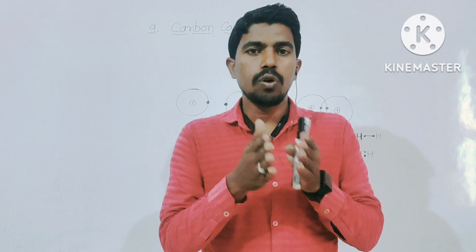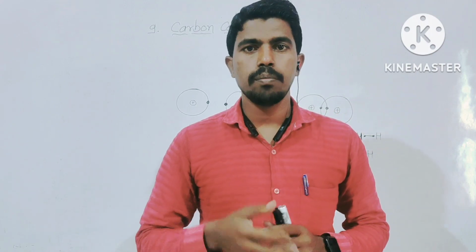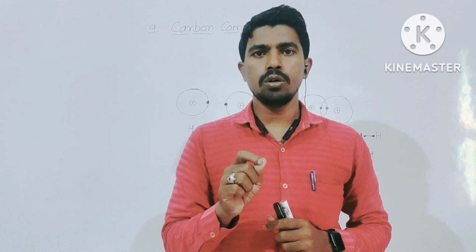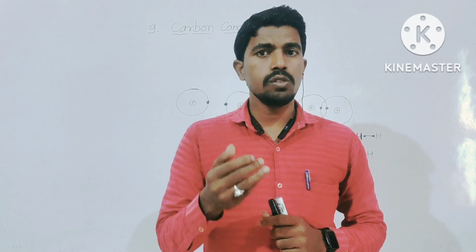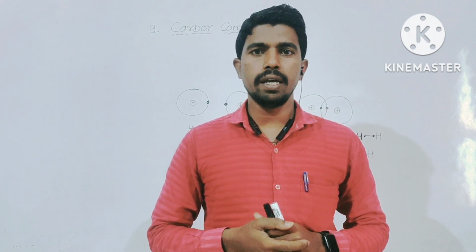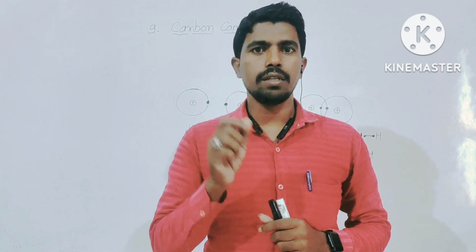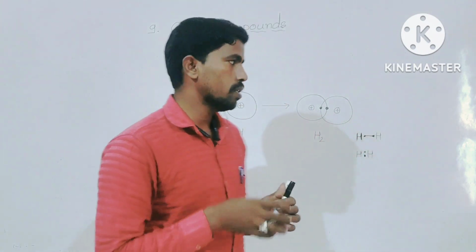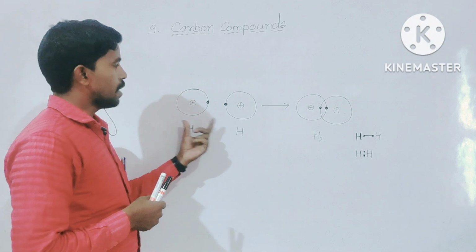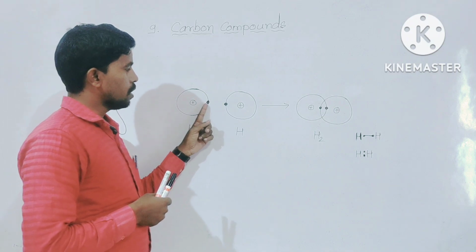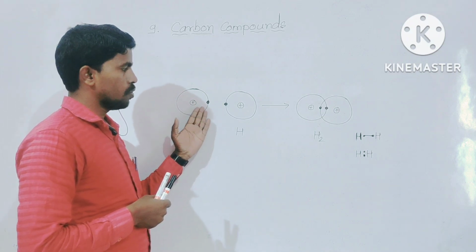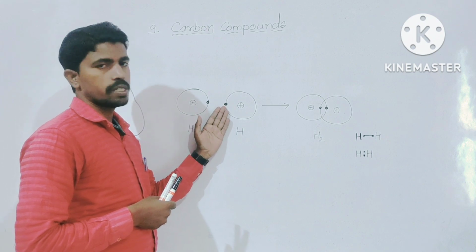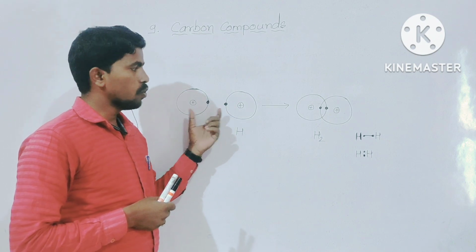This covalent bond is represented by using an electron dot structure, and it can also be represented by drawing a small line between the symbols of atoms. For example, these are the 2 hydrogen atoms. Here 1 electron is present in its outermost shell. Here 1 electron is present in its outermost shell.